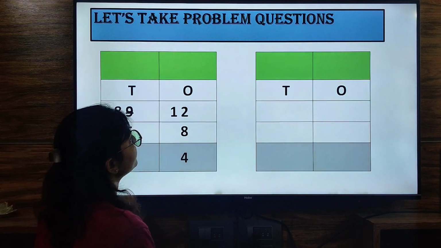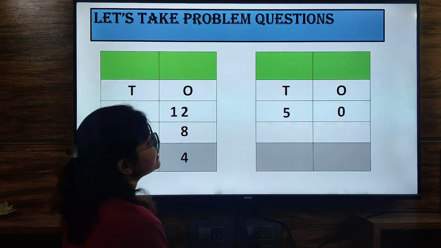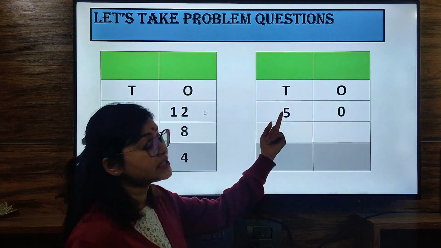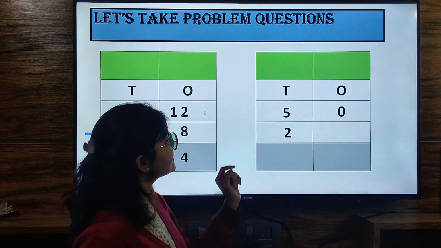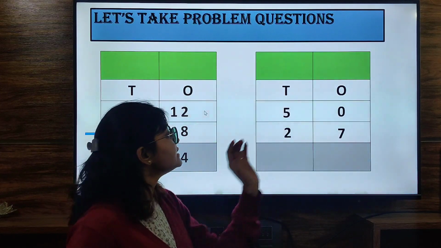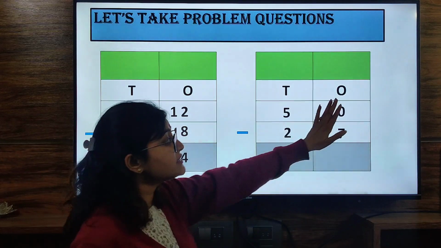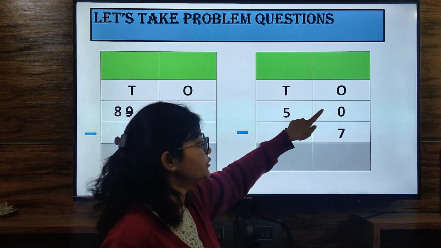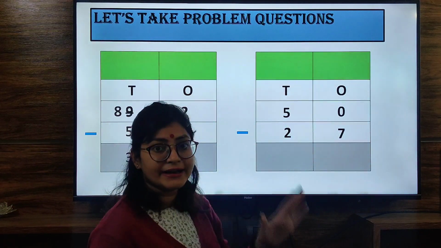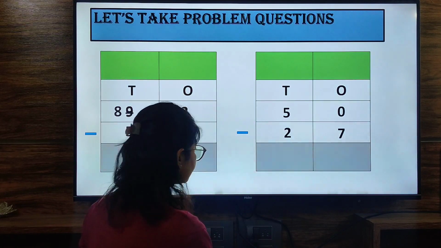Let's take another problem question. In this, our first number is 50 and second is 27. Sign of subtraction. Now in the ones column we have 0 on top and 7 at the bottom.